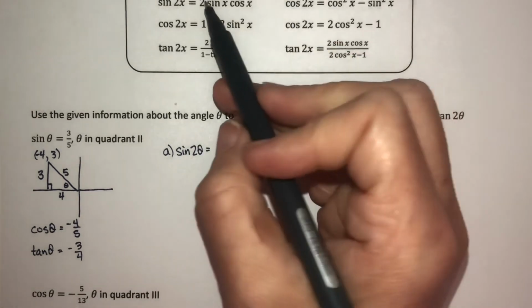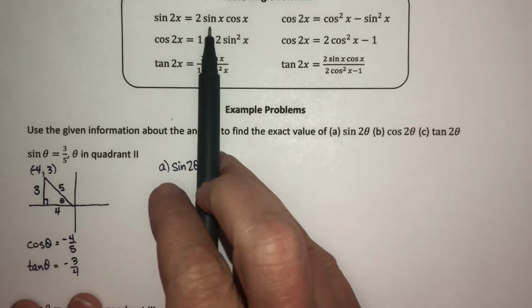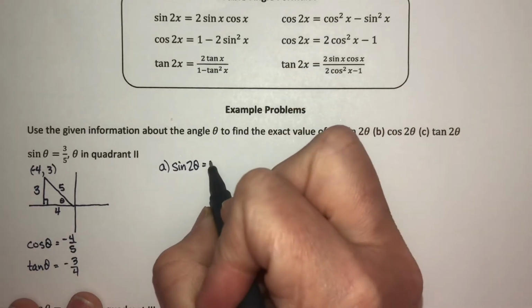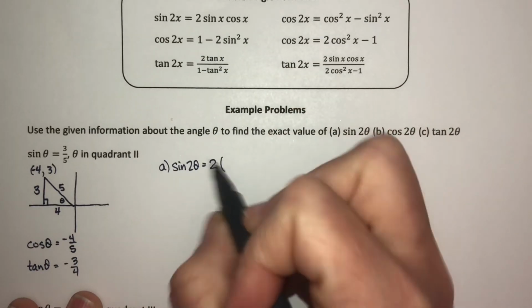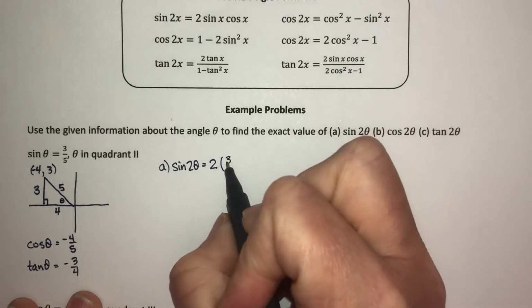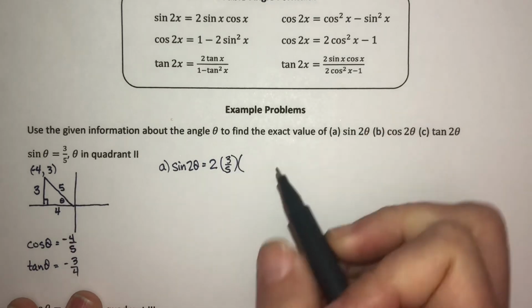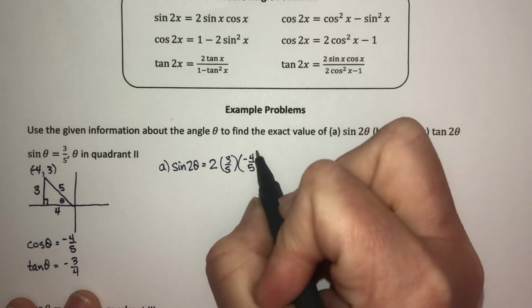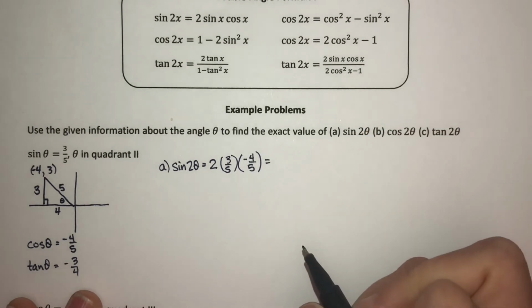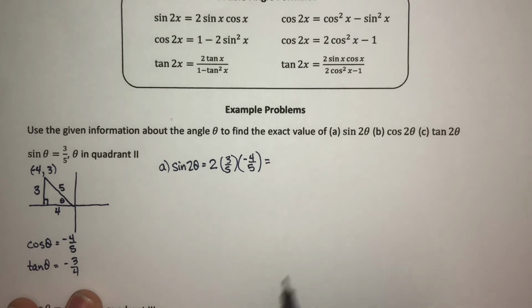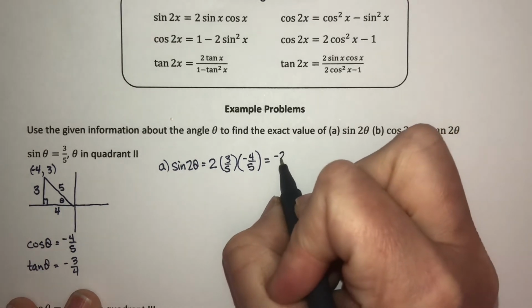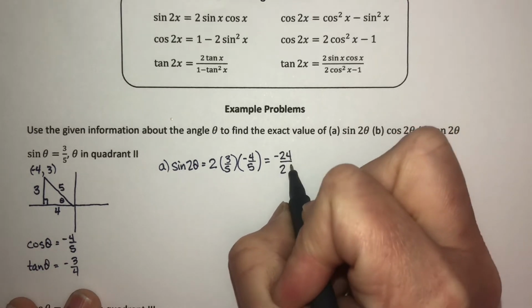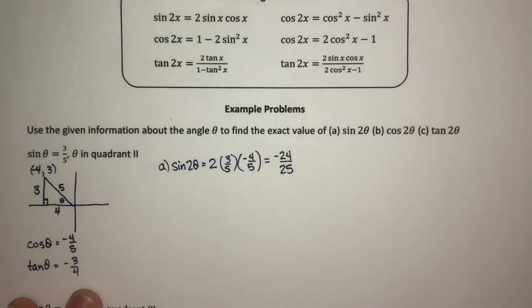So that will be 2 times sine x times cosine x. 2 times 3/5 times -4/5. And that gives me -24 over 25. So -24/25 is sine of 2 theta.